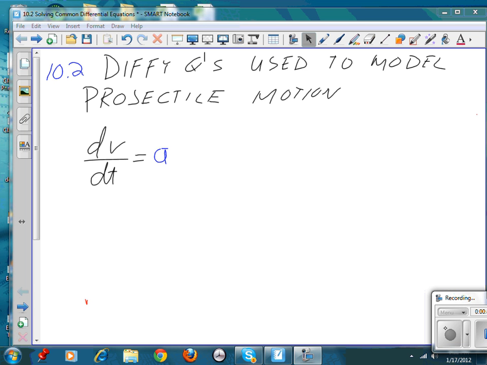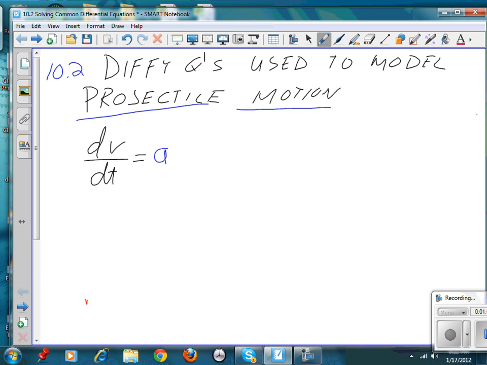Okay, what I think is interesting to do is to use the solution of differential equations in order to derive some of the formulas you've used in other classes. One of my favorites to work with is to derive some of the projectile motion equations from physics. You do a lot of these.